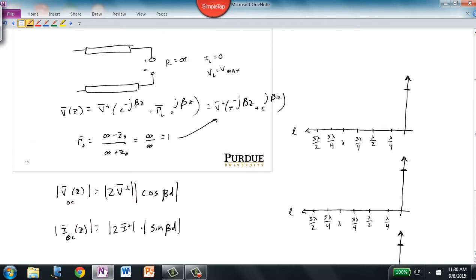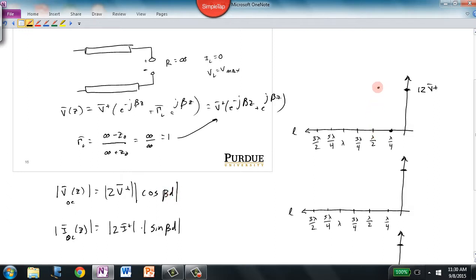If we were to plot those, we'd see that the magnitude of 2 V bar plus follows this cosine term. Cosine is 1 at length equals 0. It's going to be 0 when d is equal to lambda over 4.